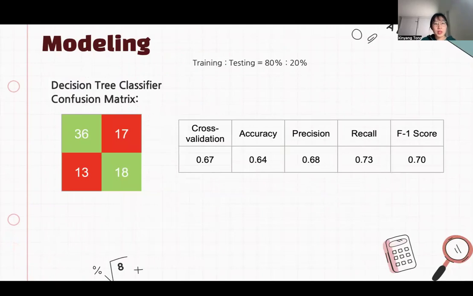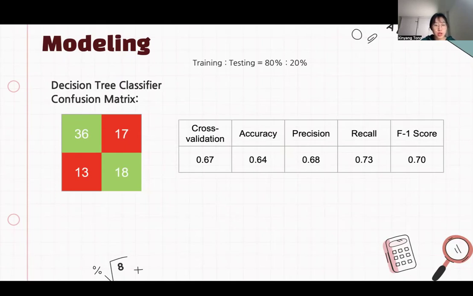Here comes the modeling part, which is the most important part in this section. First, we split the dataset into training and testing. 80% of the dataset becomes the training part, and the rest becomes the testing part. First, we have the decision tree classifier model, and the results show the confusion matrix.